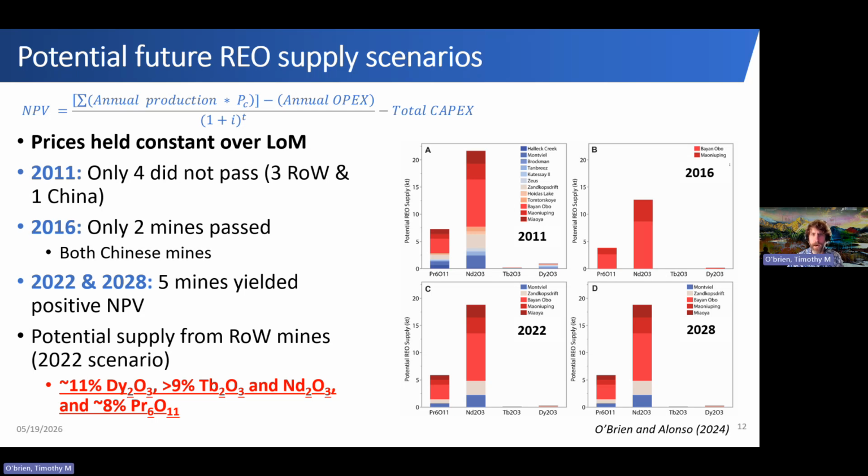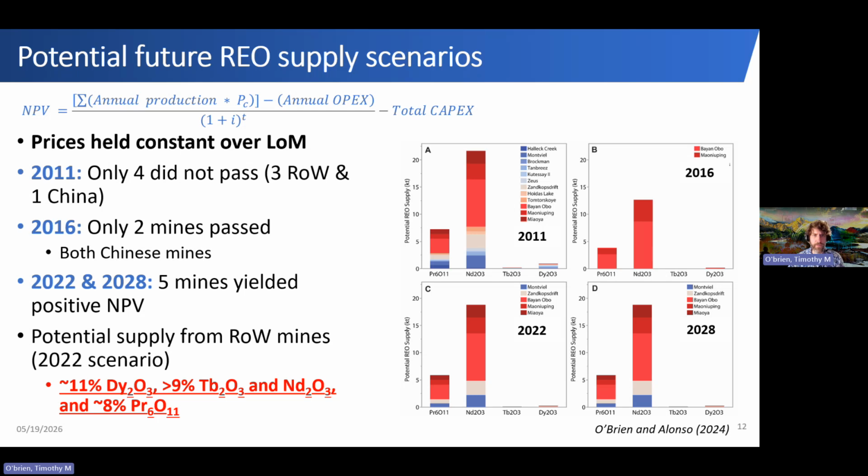And then in 2016, those export restrictions were lifted and removed, and then the prices crashed. As a result, only 2 projects were able to yield positive net present values, and both of them were from China.